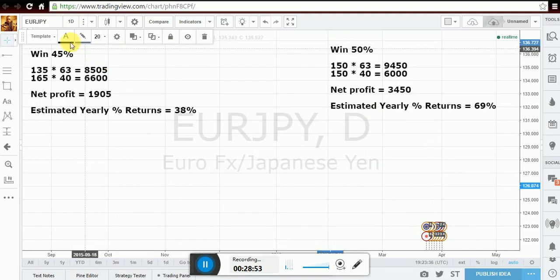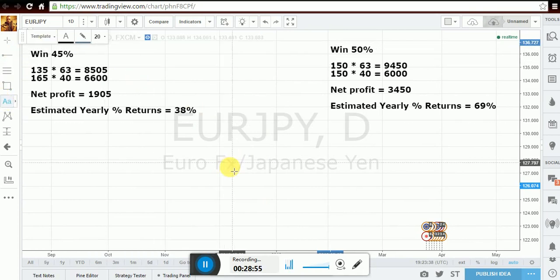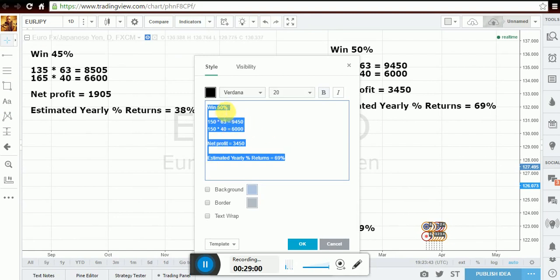So down to the final one. If our winning percentage stays at 56, I'm going to actually use 55 instead of 56. If it stays at 55%, it means we're going to win 165 trades, making 63 pips per trade. So 165 times 63, total profit of 10,395. Losing 135 trades, losing 40 pips per trade.